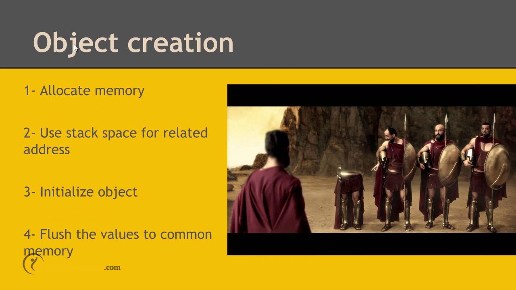While creating an object with the new keyword, Java first allocates memory for the object and writes the related address to the stack space. After that, it initializes the object, and after that flushes the values to common memory.